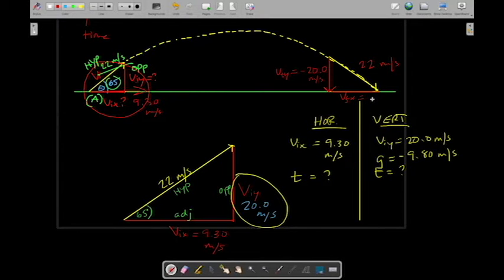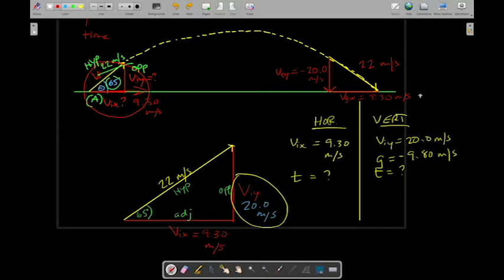So the final velocity x is also 9.30 meters per second. I'm going to keep this number positive because the projectile is still moving towards the right, towards the positive x-axis. So our v final x is positive 9.30 meters per second.